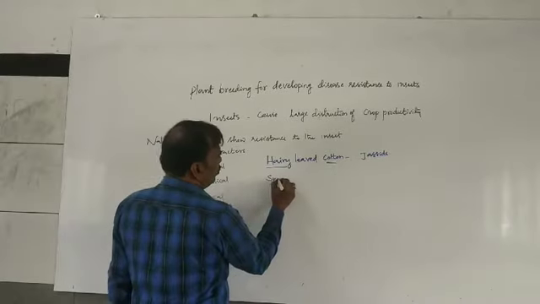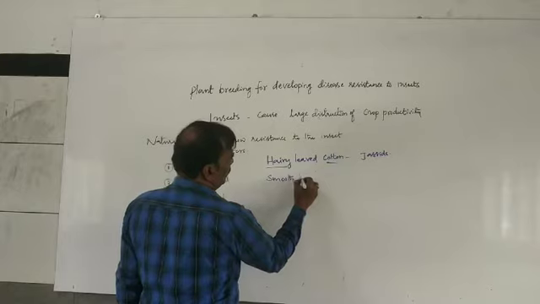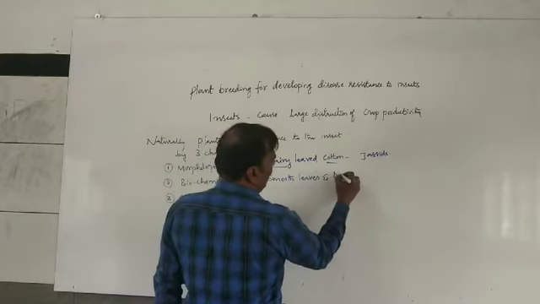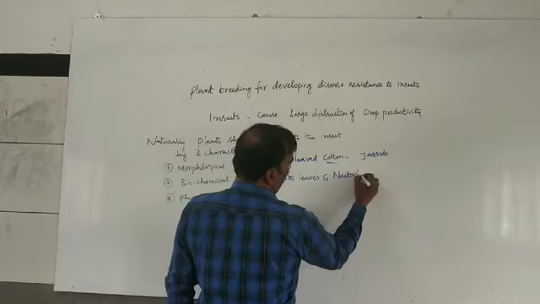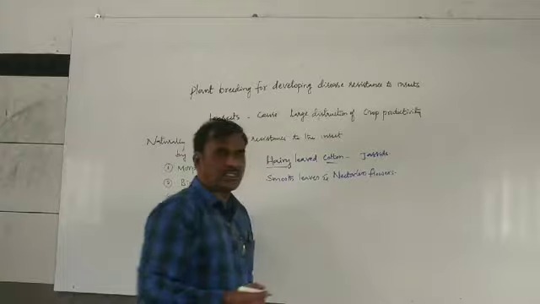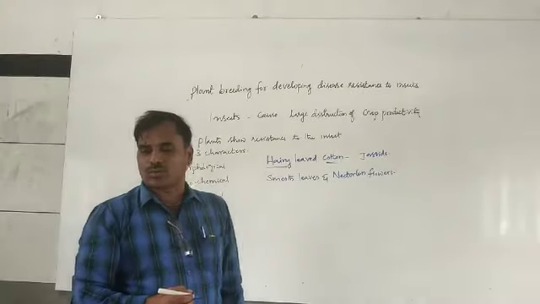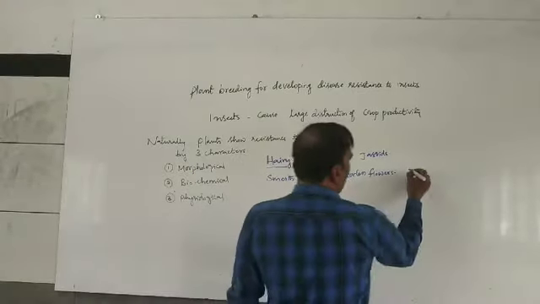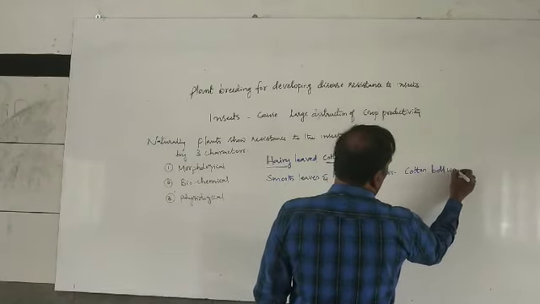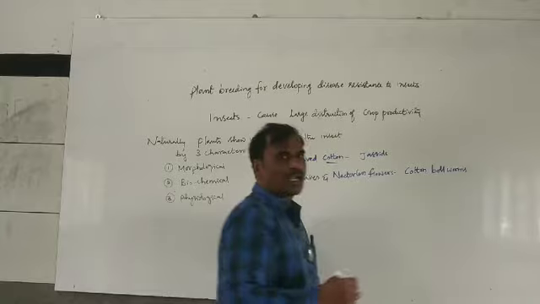Next, smooth leaves and nectarless flowers show resistance to the cotton bollworms in cotton.